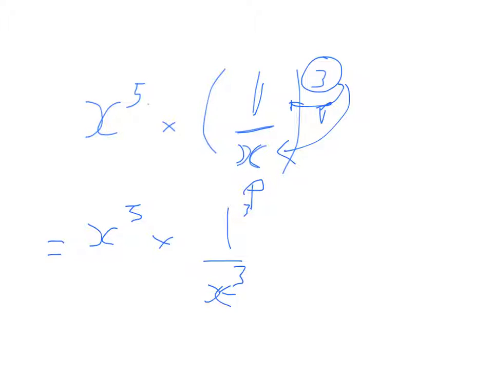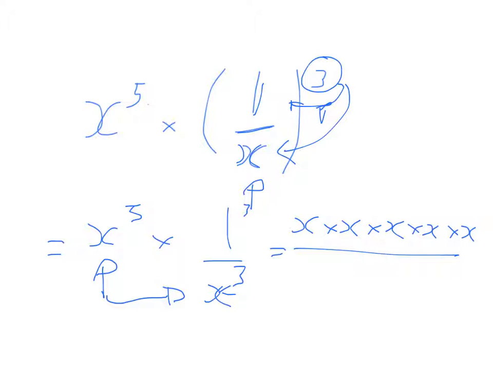Now, what I wanted to point out is what we're basically doing here is we've got x to the power of 5, and then we're dividing it by x to the power of 3. So effectively we've got 3 x's on the bottom, and we've got 5 x's on the top. I mean, x to the power of 5 is x times x times x times x times x.